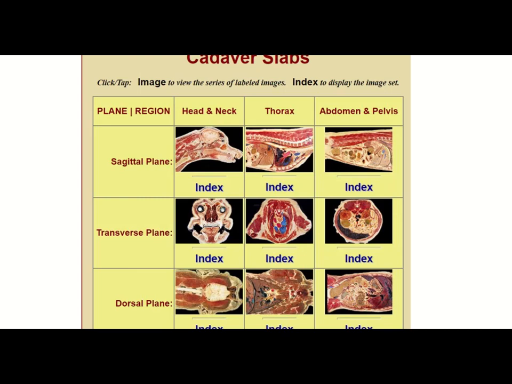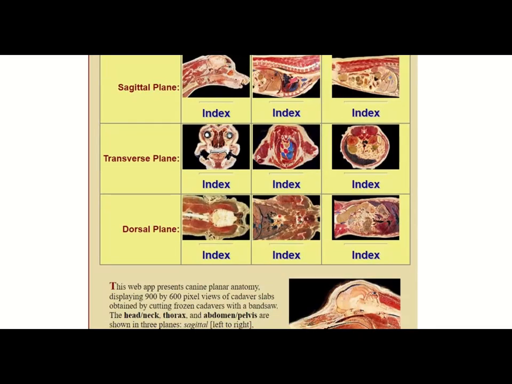And then down here, dorsal planes are like the surface of water when a dog walks into the water. So then what you get is some upper portion of the dog and some lower portion.